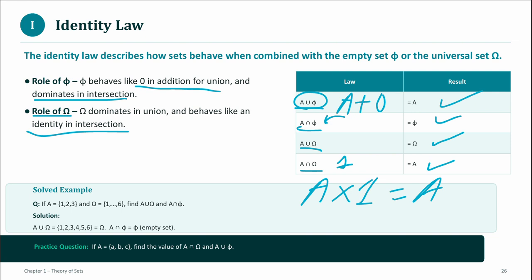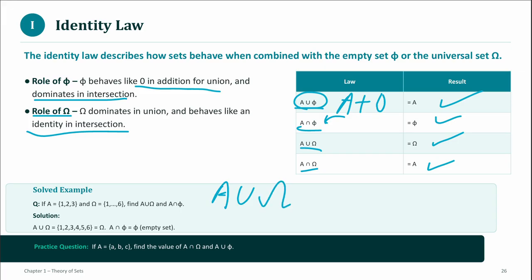If we see this example, if A is equal to {1, 2, 3} and the universal set is equal to {1, 2, 3, 4, 5, 6}, find A union the universal set and A intersection phi. We know that the universal set always dominates in union, so it is going to be the universal set itself. So the answer would be {1, 2, 3, 4, 5, 6}.